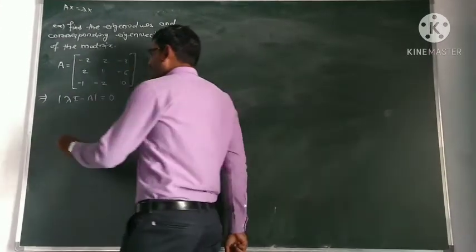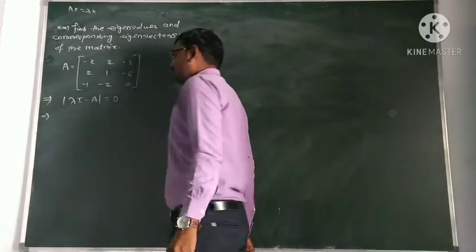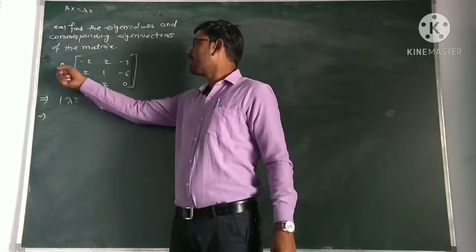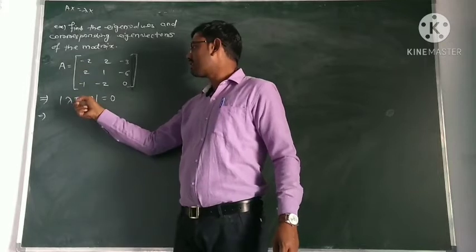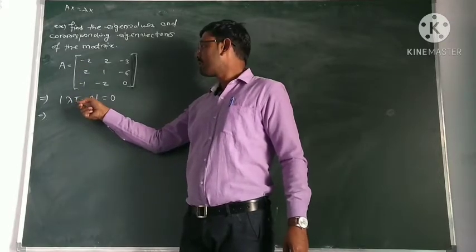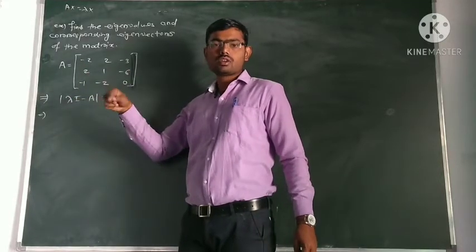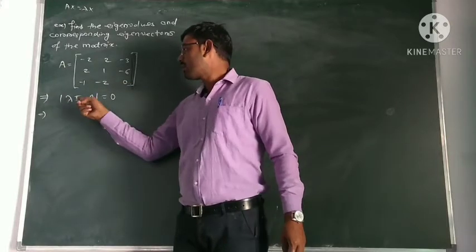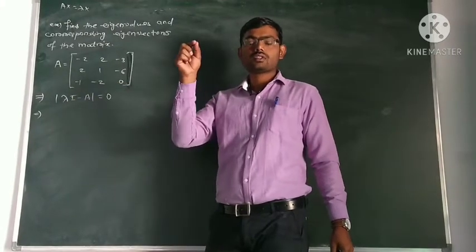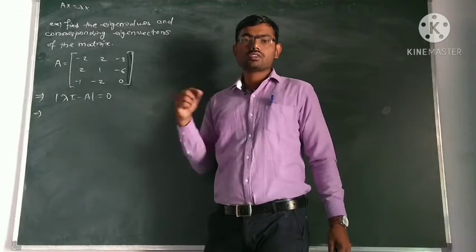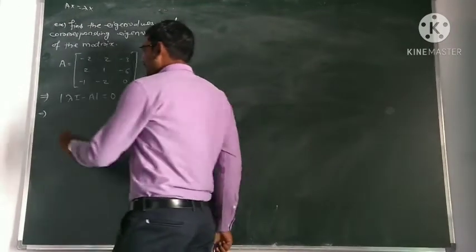Okay. So this applies. Now lambda into I minus A. Here A is this matrix, and I is the 3 by 3 identity matrix: 1 0 0, 0 1 0, 0 0 1. So lambda into I will be lambda 0 0, 0 lambda 0, 0 0 lambda.